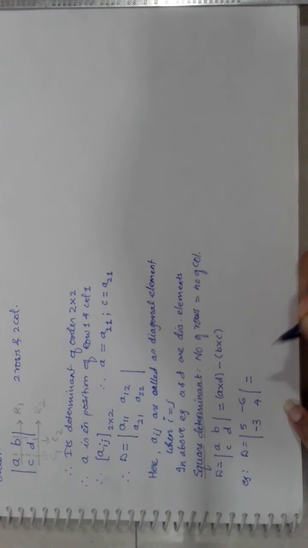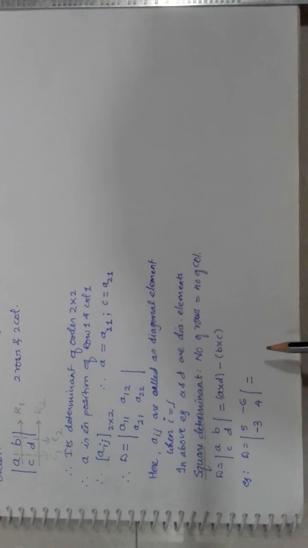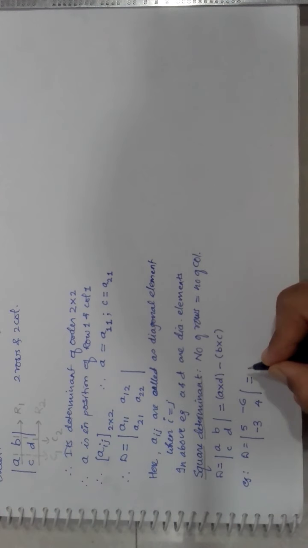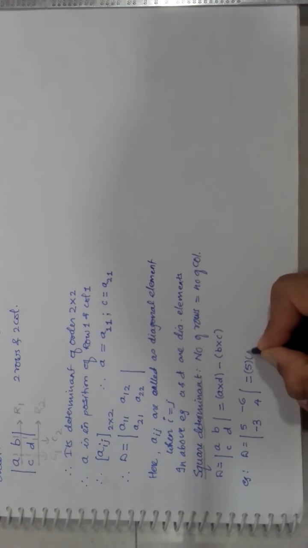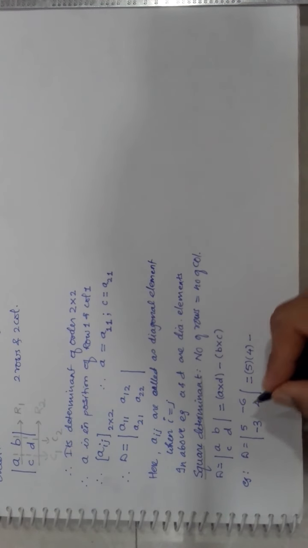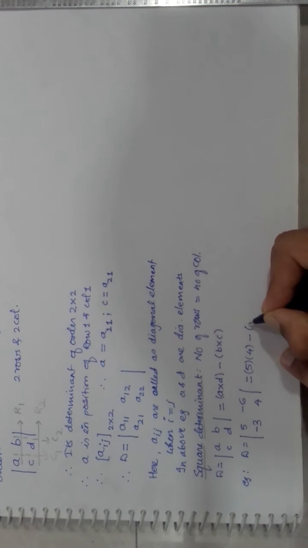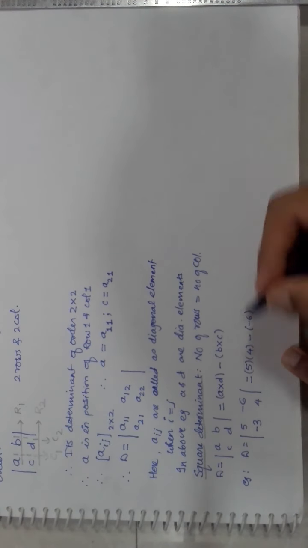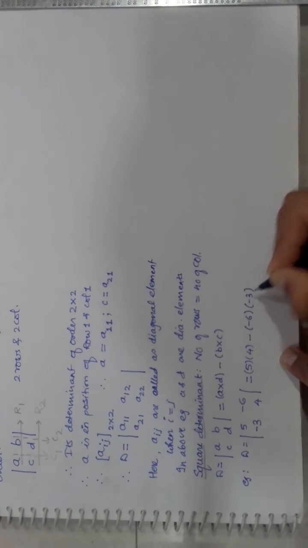Here the first thing is you will multiply the diagonal elements, that is 5 multiplied by 4, minus the non-diagonal elements, along with sign, that is minus 6 into minus 3.